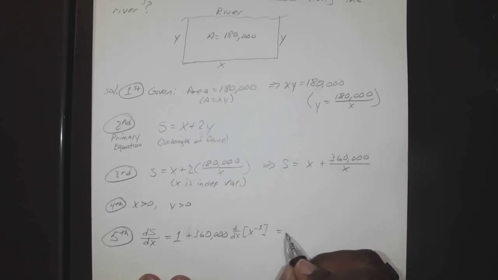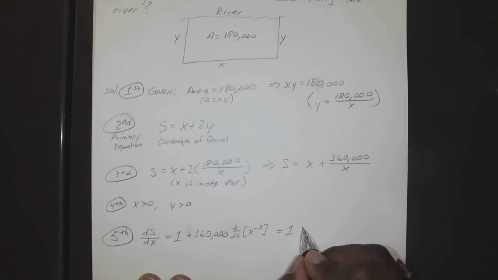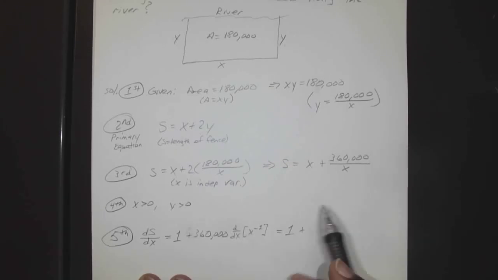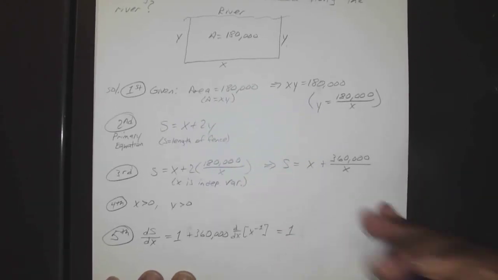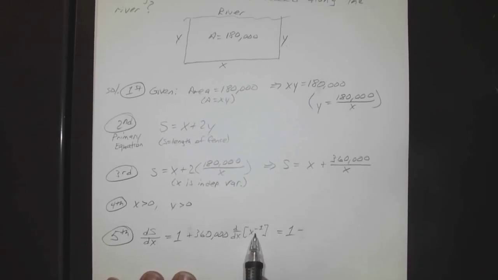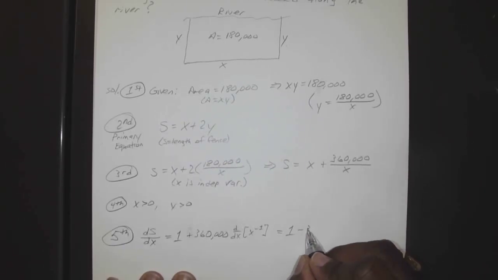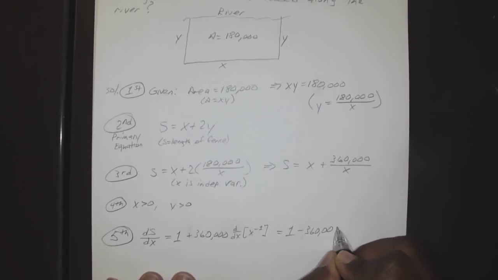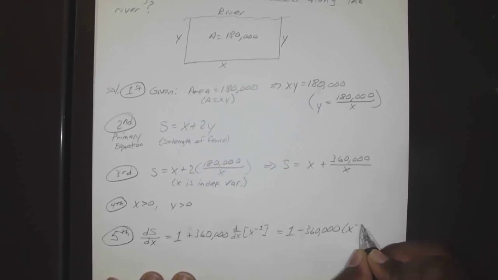So that's going to equal 1 plus, bring down our negative 1, so that makes that minus, and we subtract 1, so that makes that to the negative 2 power. So 360,000 times x to the negative 2.